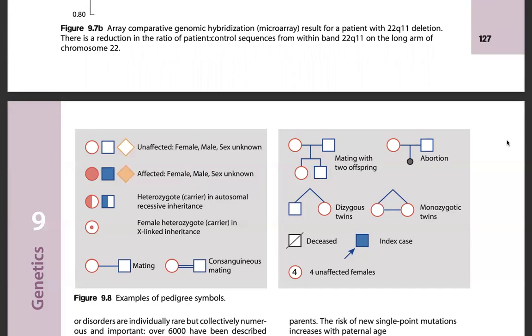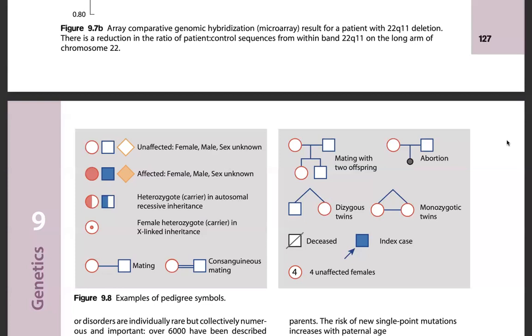When male and female are joined with one line, it is a mating. When they are joined by two lines, it is a consanguineous mating. The examples are shown: mating with two offspring, and then another pedigree showing an abortion, and then dizygous twins are shown like this, two arrows, and monozygotic twins are shown by a triangle between them.